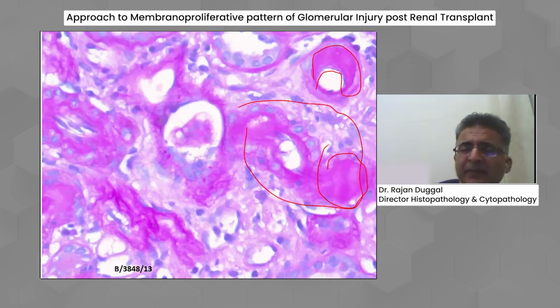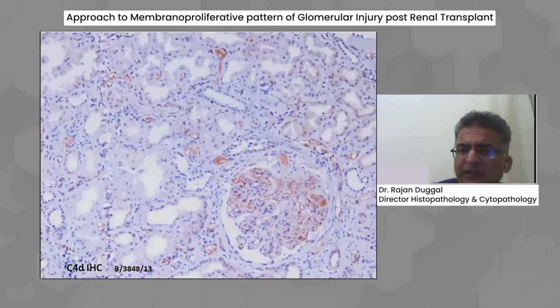It can be seen in diabetic nephropathy also. So always remember, presence of smooth muscle hyalinosis alone doesn't mean that it is a chronic CNI toxicity. So in this case, since there is glomerulitis, since there is PTC capillaritis, since we are seeing some non-uniform thickening of the glomerular capillary wall, if you look at the C4d, C4d was showing some minimal staining in the peritubular capillary.